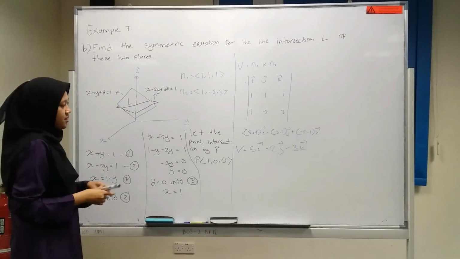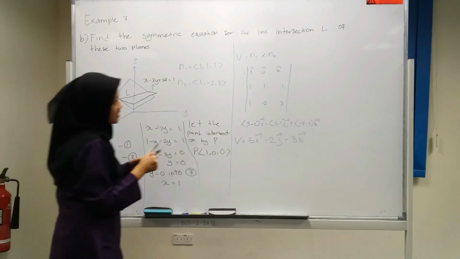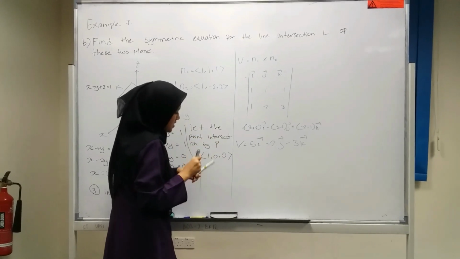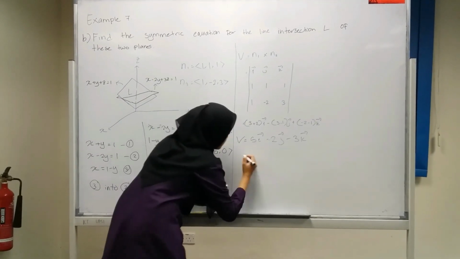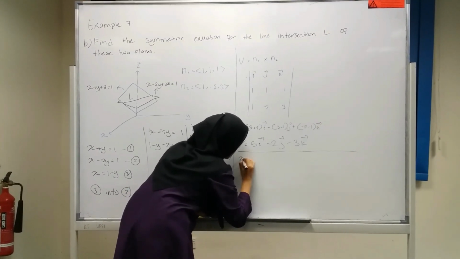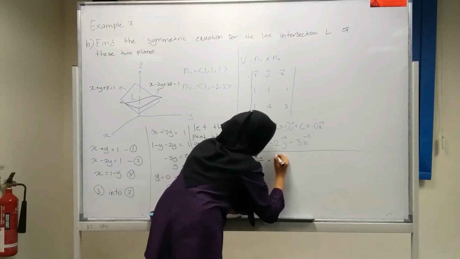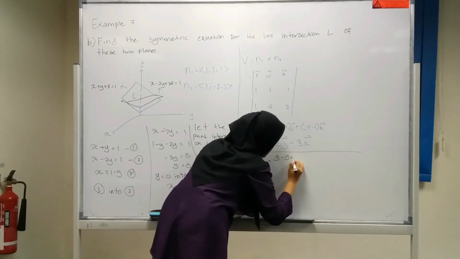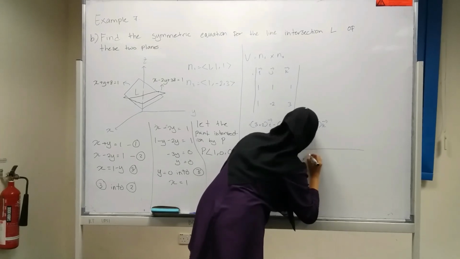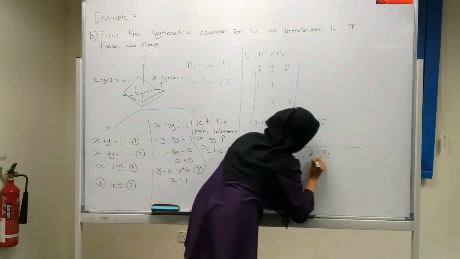So from this we know that the symmetric equation is given by x minus x naught over a equal to y minus y naught divided by b equal to z minus z naught divided by c.